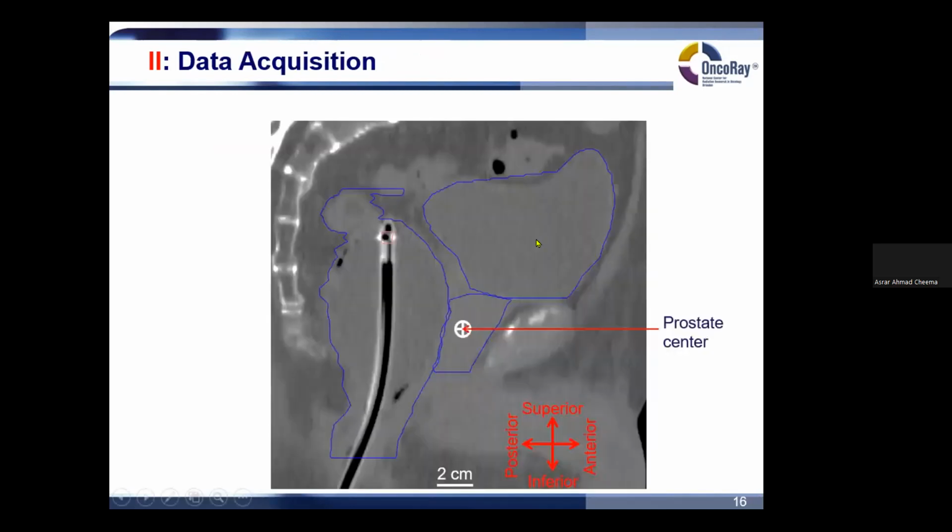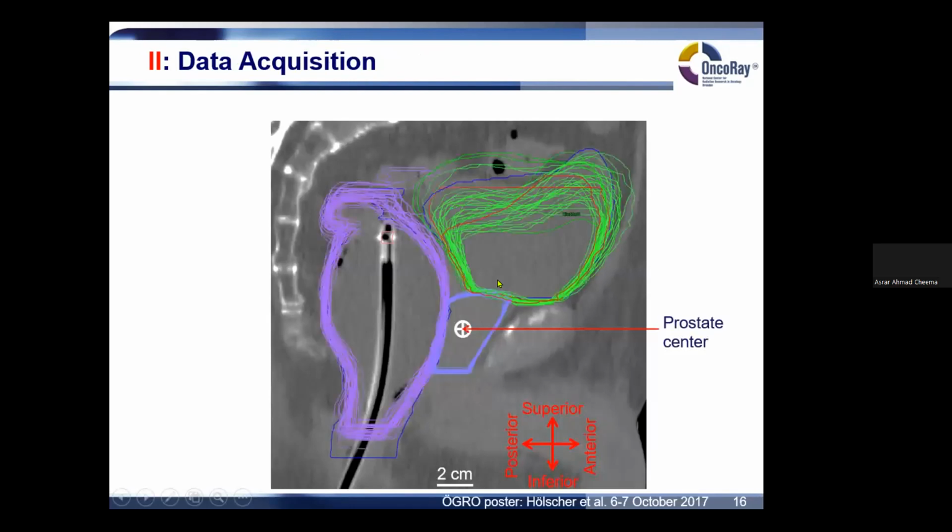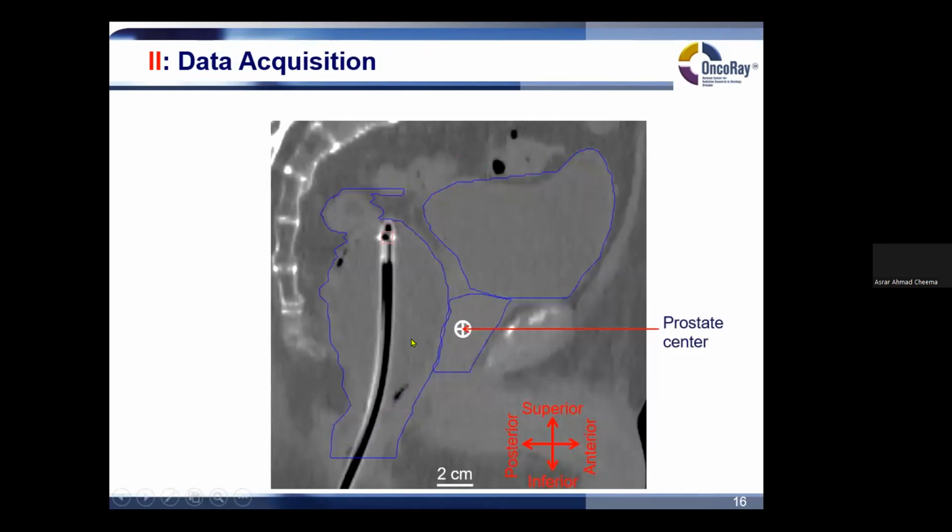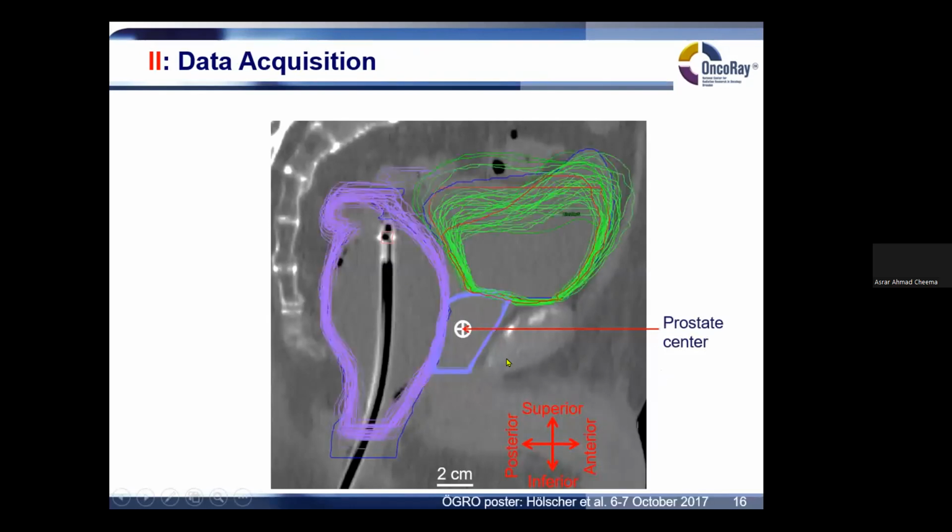This is the planning CT where bladder, prostate, as well as rectal contours are shown. And these are the contoured control CTs from all the 32 fractions of each patient. So we had a large intra-patient variability because we had control CTs for all the treatment fractions of this patient group.